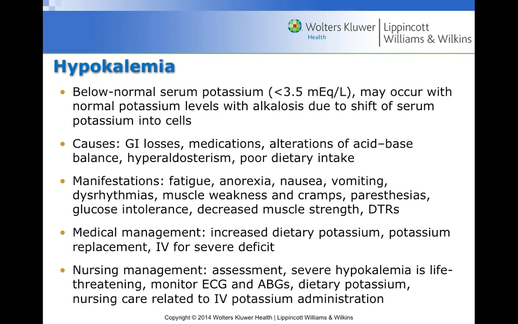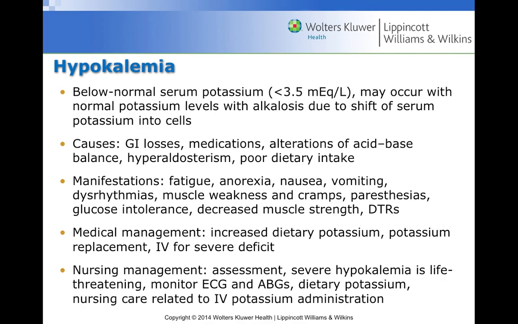When we look at the nursing management, because it can be life-threatening, as the nurse you need to monitor for its early presence in patients at risk. Fatigue, anorexia, muscle weakness, decreased bowel motility, paresthesias, and dysrhythmias are all signals that warrant assessing the serum potassium concentration.